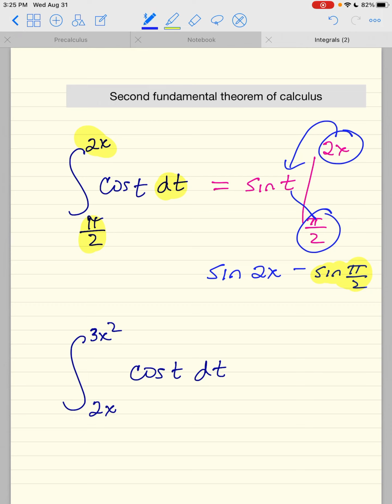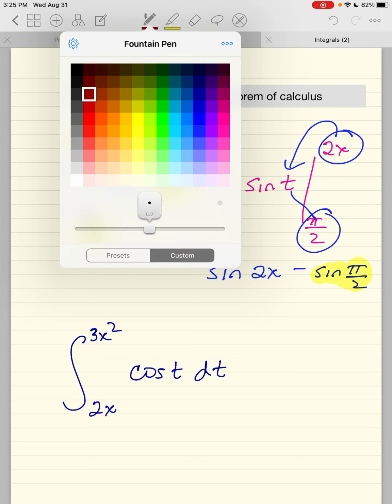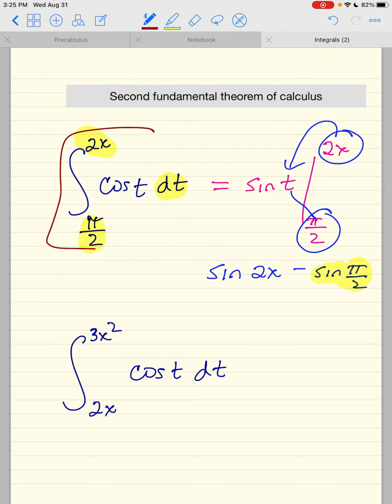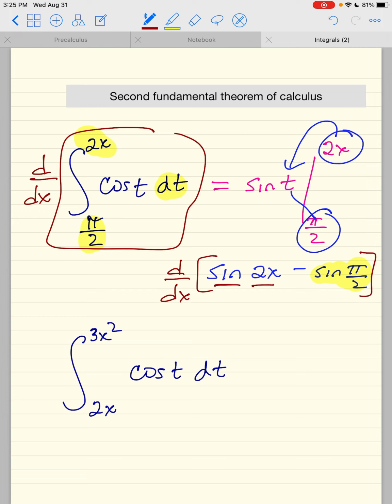Now, if I take the derivative of this, so far it doesn't say take the derivative, it just says take the integral. But if I take the derivative of this with respect to x, what would happen? Well, the derivative of sine angle is cosine angle times the derivative of the angle, which is 2.